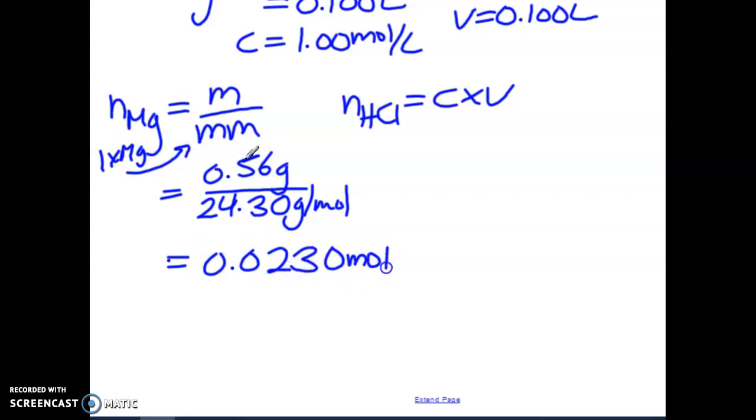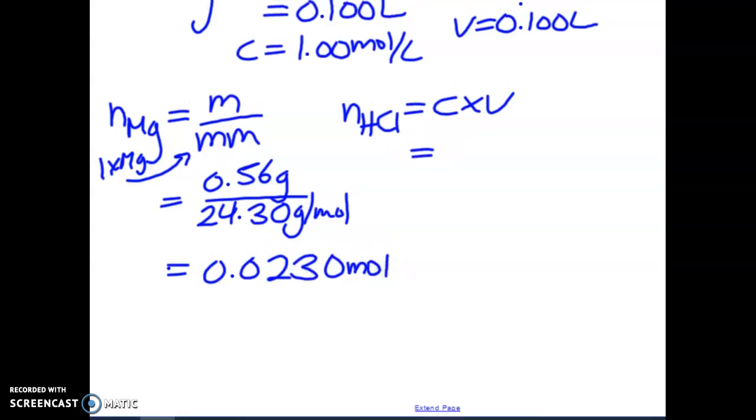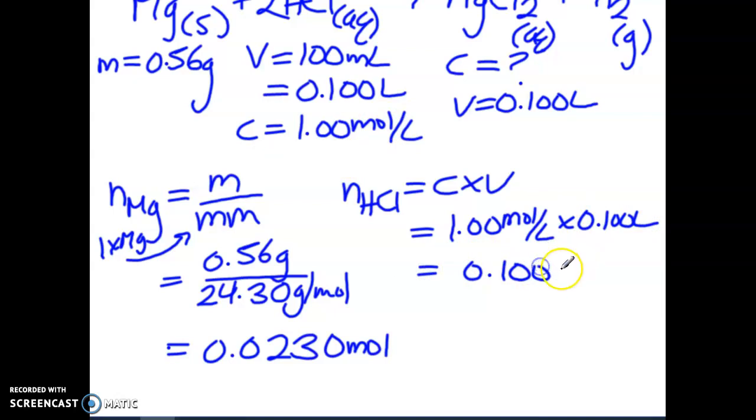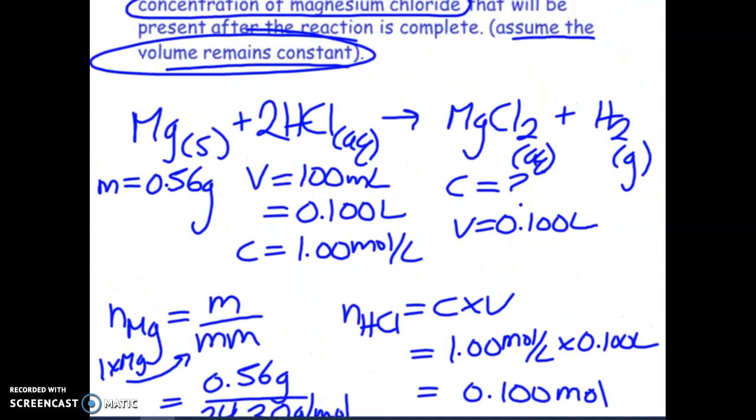So we get 0.0230 moles. And then for the HCl mole value, we have C times V. So we end up here actually with just 0.100 moles. 1 times 0.1. Okay, so same thing with limiting reactant before. They have to be equivalent in order for us to make a direct comparison.